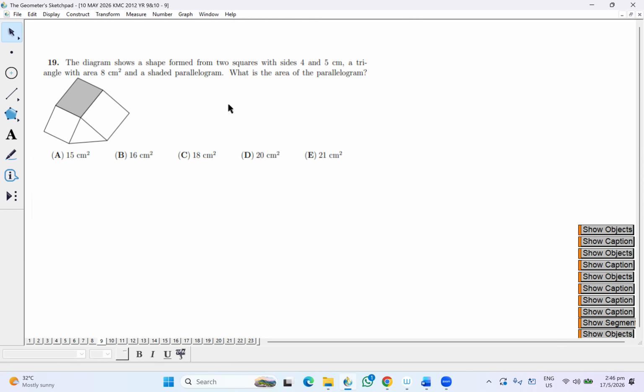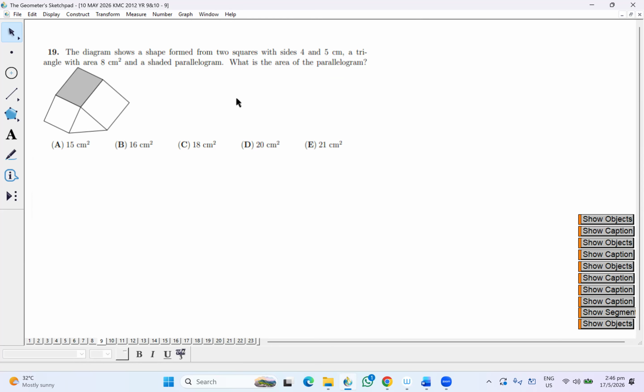This question, if you are in Form 3, you may not have learned. So you take the chance to learn the definition of trigonometry: sine, cosine, and tangent. What is sine, cosine, and tangent?